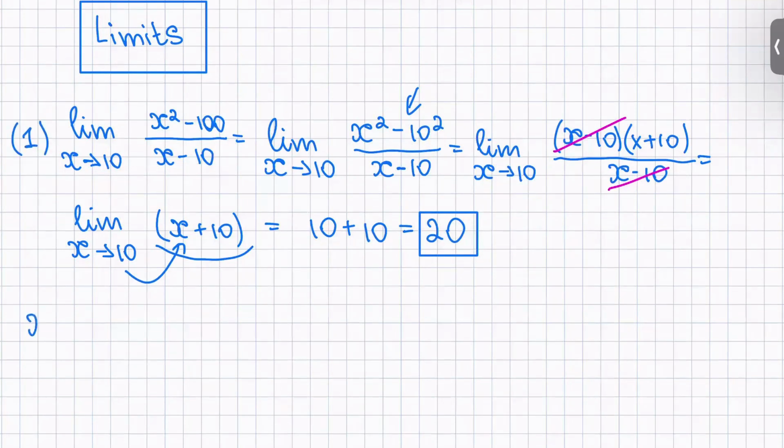Another way, as I mentioned, is L'Hopital's rule, because we have the indeterminate form 0 over 0. How can we apply L'Hopital's rule to the same limit?